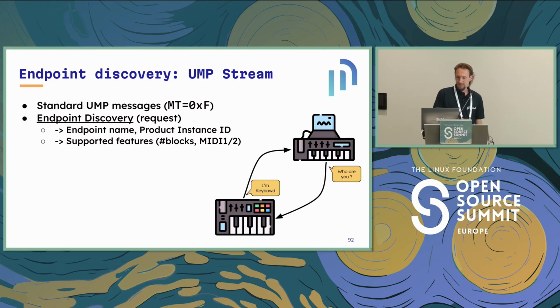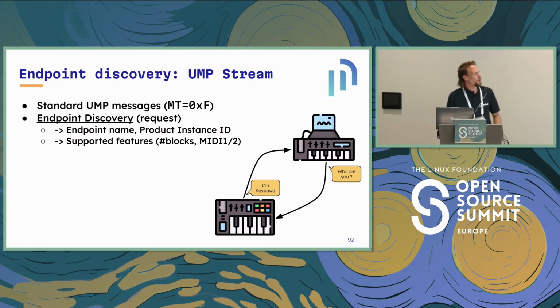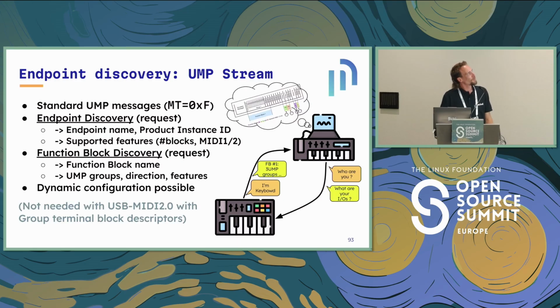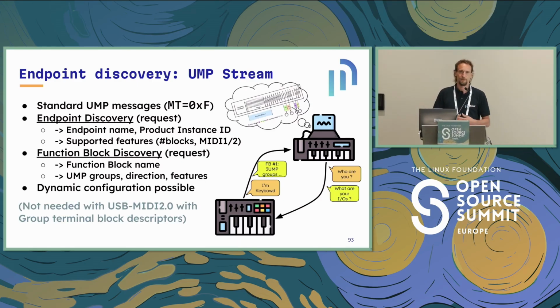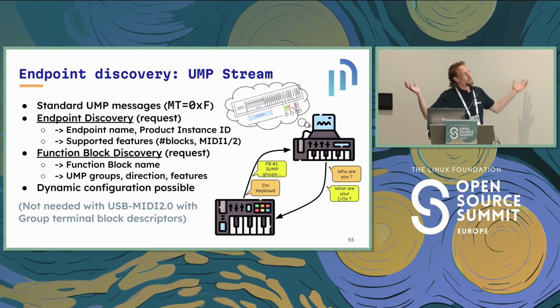In UMP stream, basically, the client will say, hello, who are you? And the thing will respond, I'm a keyboard, and I also support that set of features. Then I can say, okay, send me the information about your topology, and the thing will respond, and I can make a picture of what the topology of the device is.